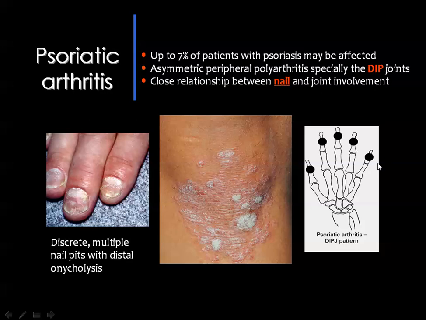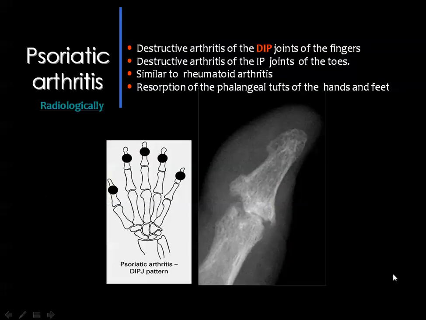These skeletal manifestations commonly affect the distal interphalangeal joints, as you can see here, and there is a well-known close relationship between the nail and skin changes of psoriasis and the involvement of the joints.